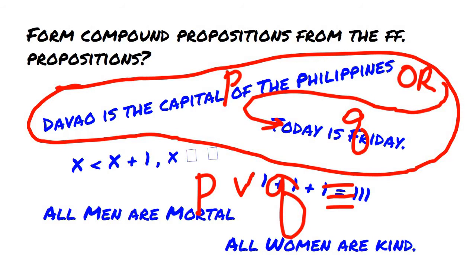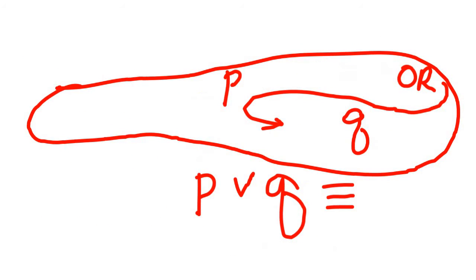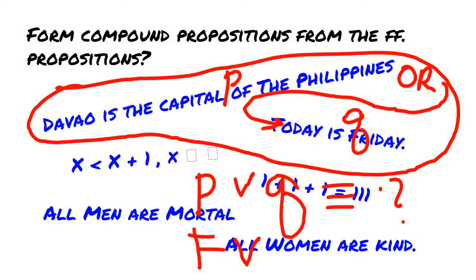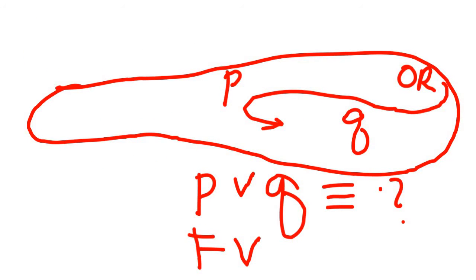We know that P, Davao is the capital, is false, or Q, today is Friday, is true. Since this is an OR, the result will be true.